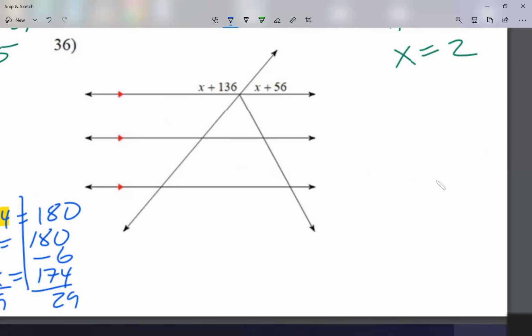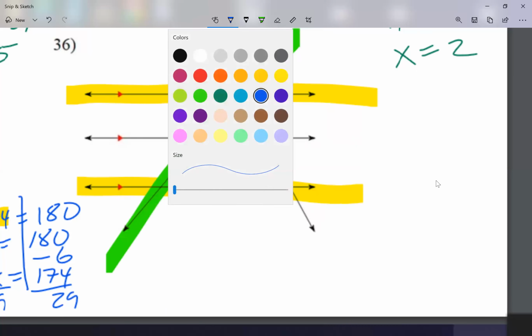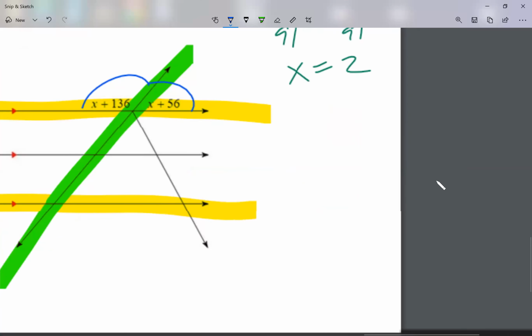Lastly, let's see, I have parallel lines. I'm using this line on my parallel lines. I'm not using another line, but I'm still going to do this one. And on the transversal, it seems like I'm using this angle with this angle. That looks like linear pair. So I'm going to add everything and set it equal to 180. So x plus 136 plus x plus 56, and all of this is equal to 180.